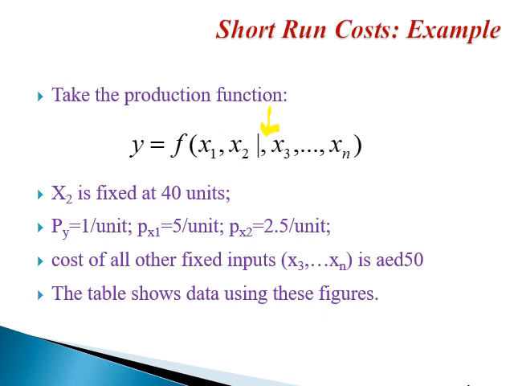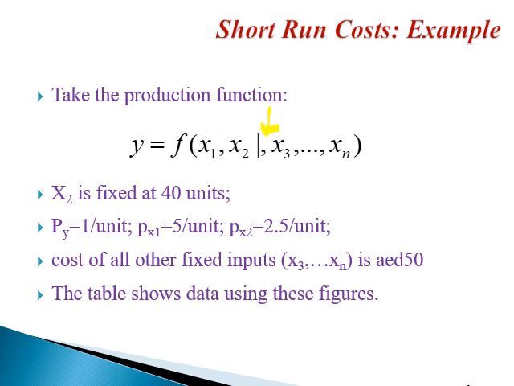Remember, here I'm using all the time 40 units of x2. The unit price of x2 is $2.5 a unit. Then the cost of using x2 is 2.5 times 40. How much is 2.5 times 40? It is exactly $100.